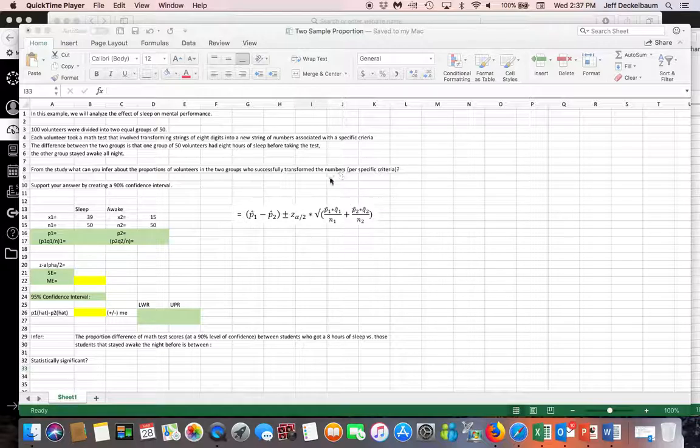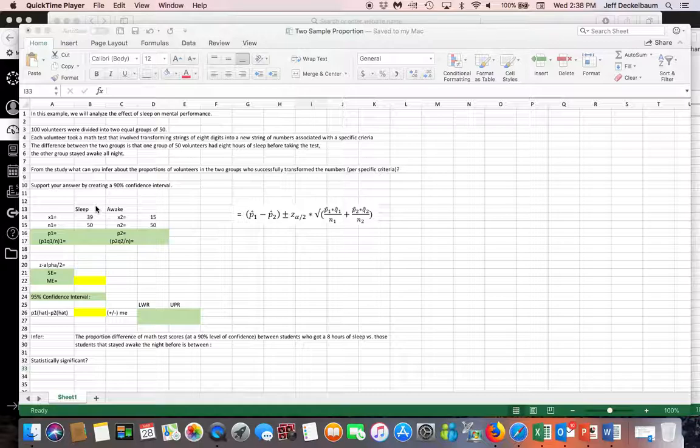So the equation we're going to use is P1 hat minus P2 hat plus or minus Z alpha over 2, where alpha will be equal to 0.1, times this standard error term, as I call it, and it's the square root of the sum of P1 times Q1 over N1, plus P2 times Q2 over N2, where Q1 and Q2 are equal to 1 minus P1 and 1 minus P2 respectively.